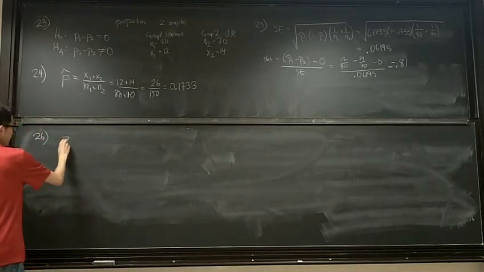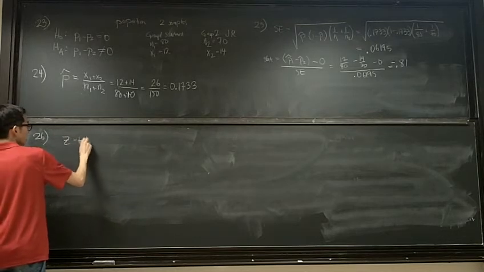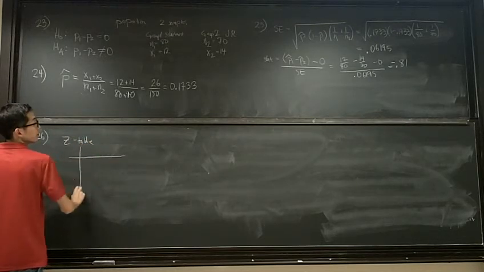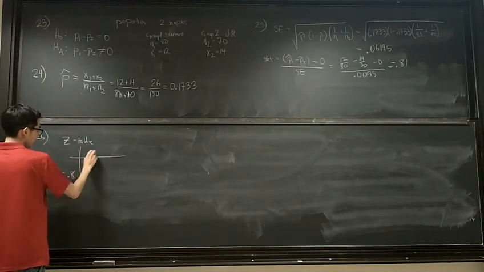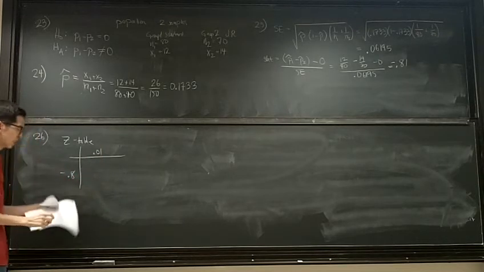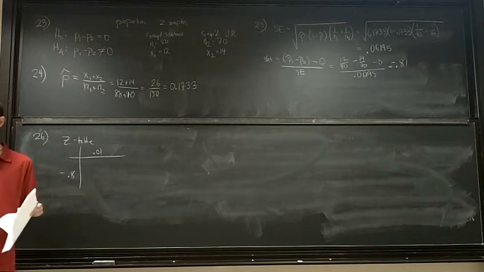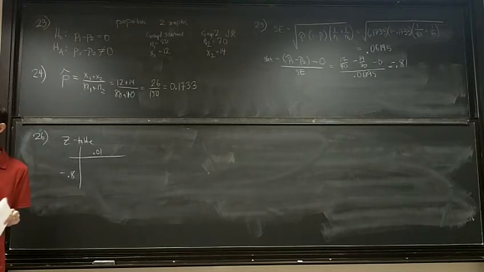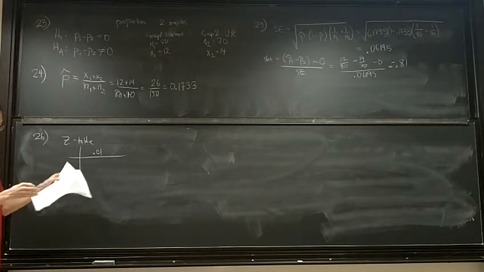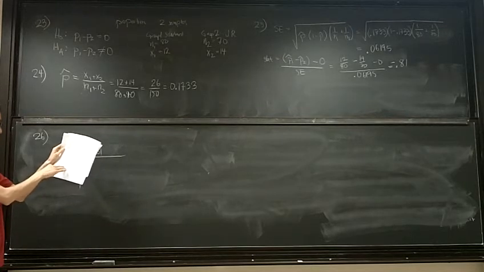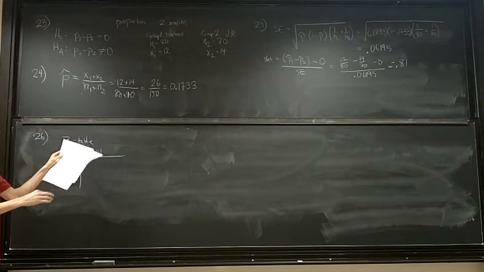We look up negative 0.81, right? So I go to negative 0.01 in the z-table. Anytime you're dealing with proportions, always the z-table. Proportions will always be the z-table. That's also written right here.